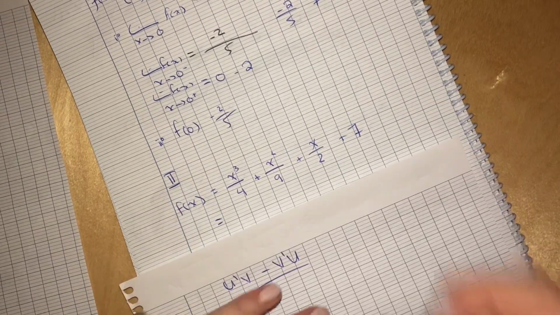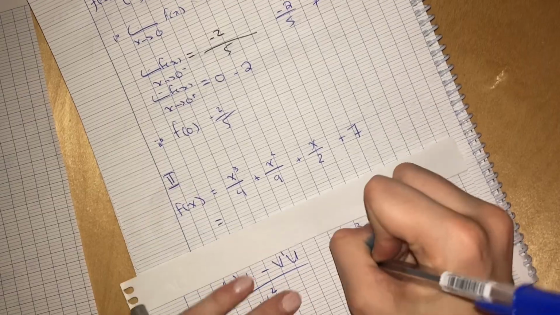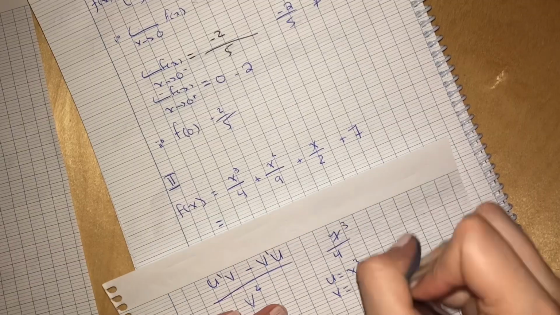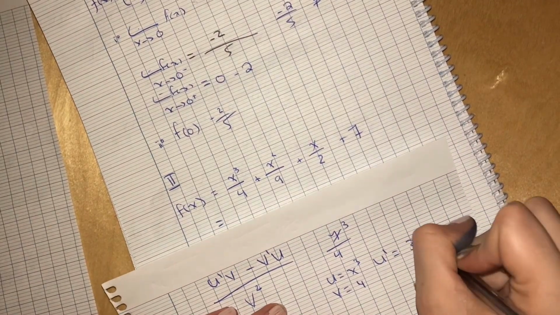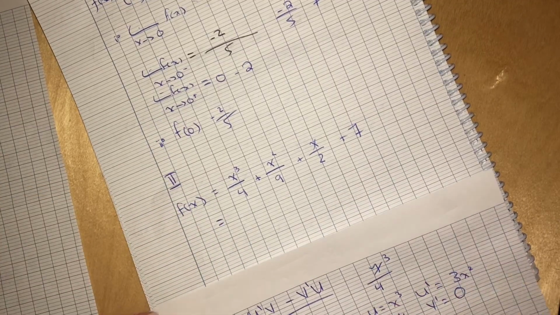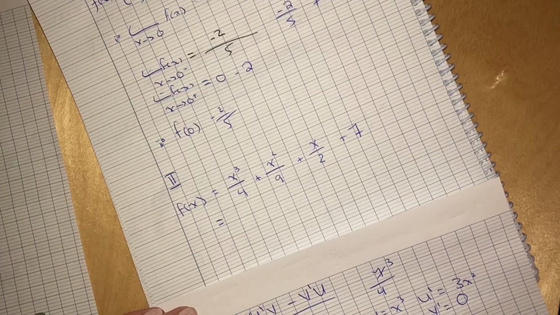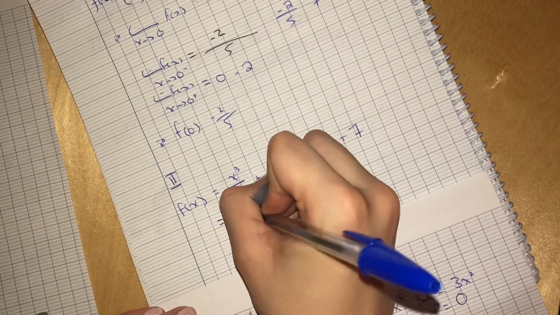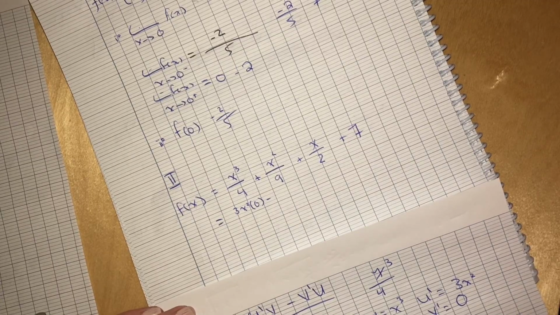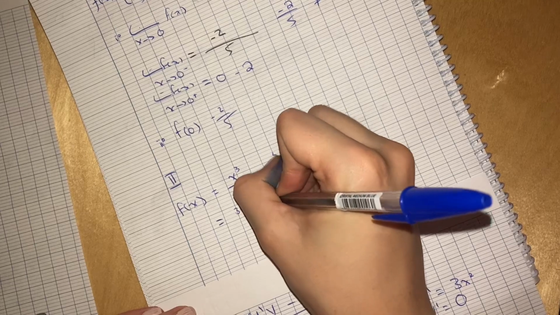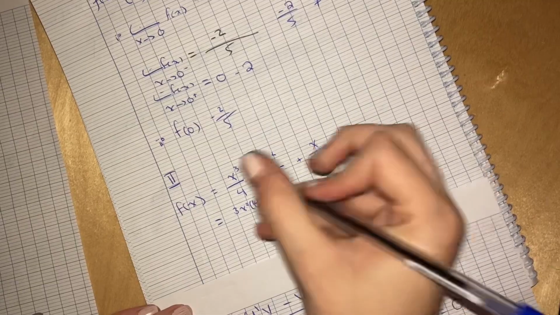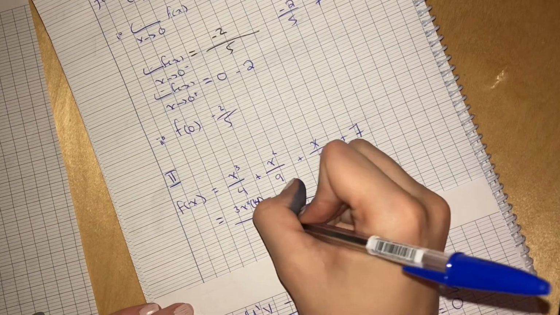So for x cubed over 4, u is equal to x cubed, v is equal to 4, u prime is equal to 3x squared, v prime is equal to 0. So we can just plug this in. It's equal to u prime, which is 3x squared, times 4, minus x cubed times 0, over v squared, so 4 squared.